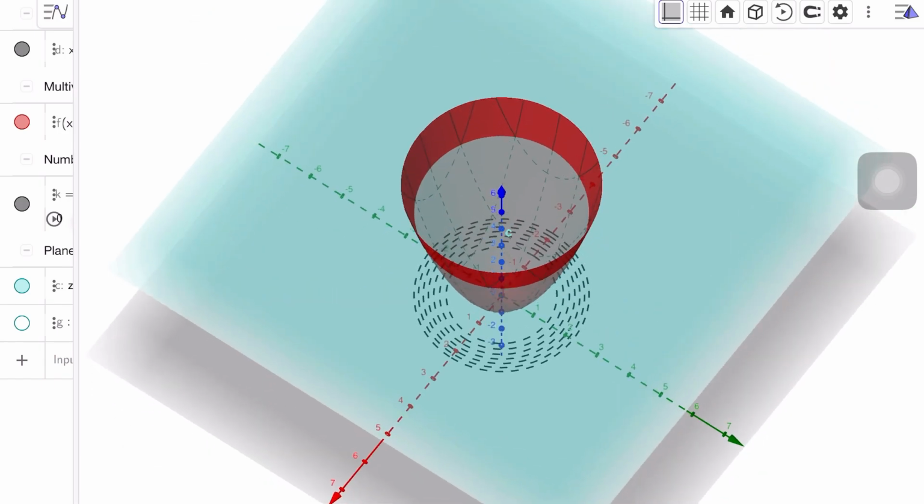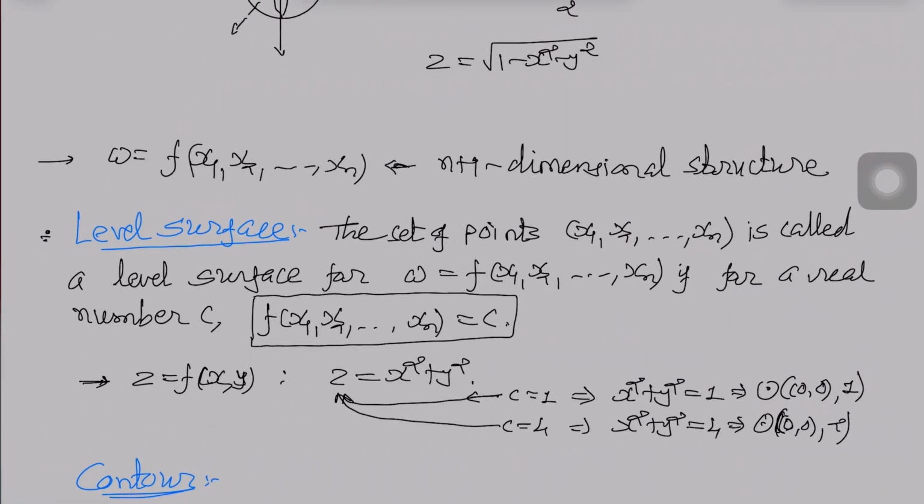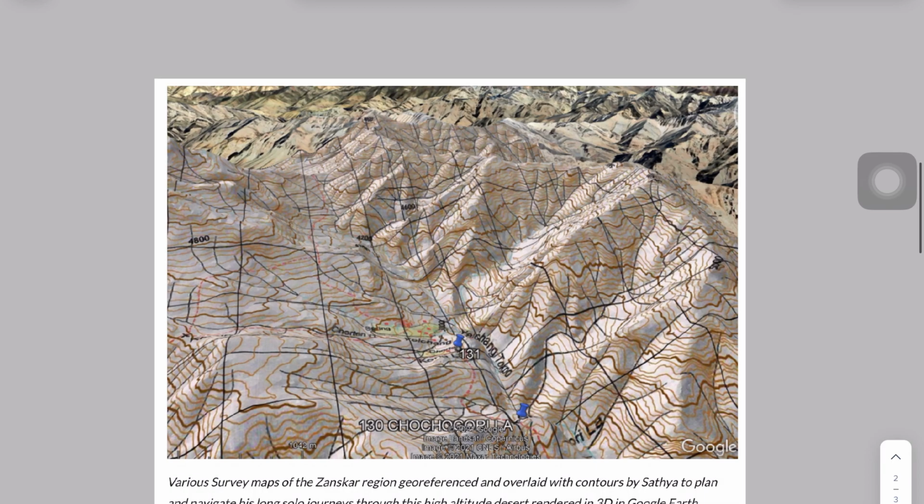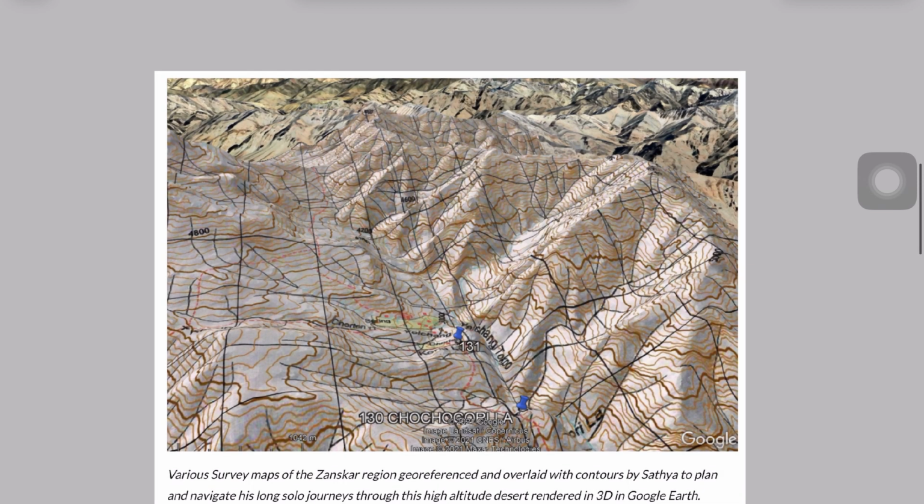Now let us see how we are using the level surfaces and contours in our practical life. Okay, so say here I have mentioned the level surfaces of the Zanskar region, right? The Zanskar region is situated in the Himalayan series of India, right?